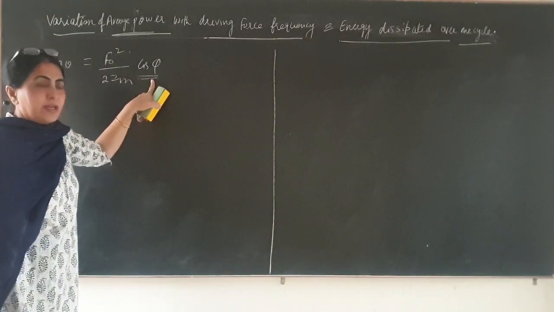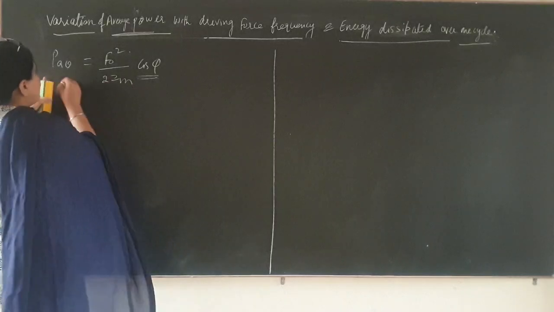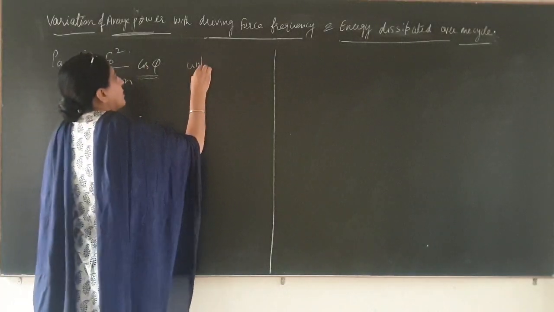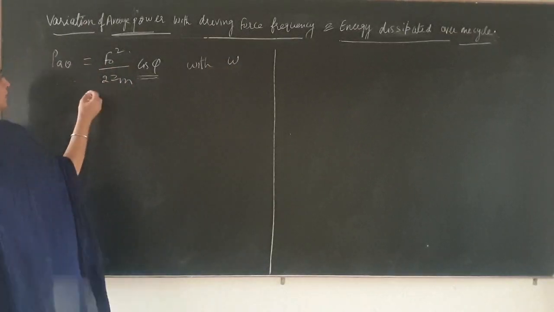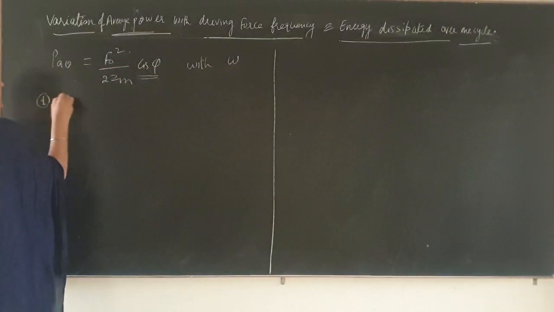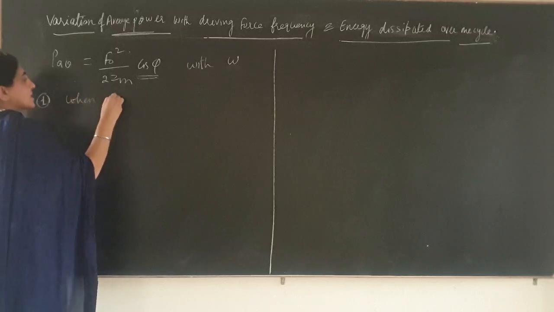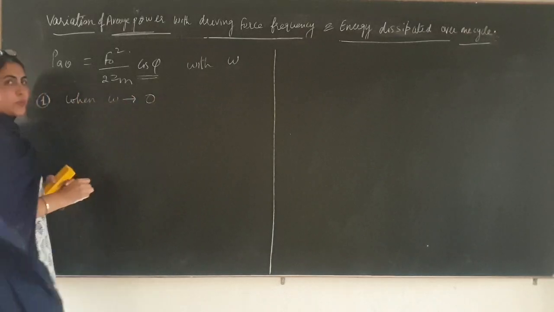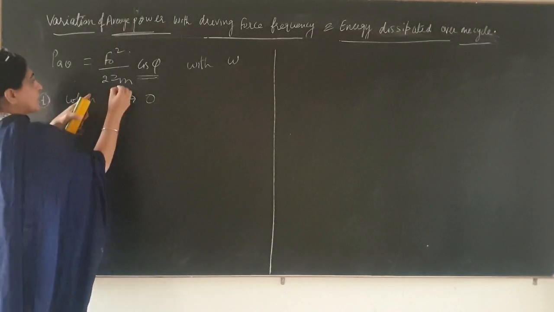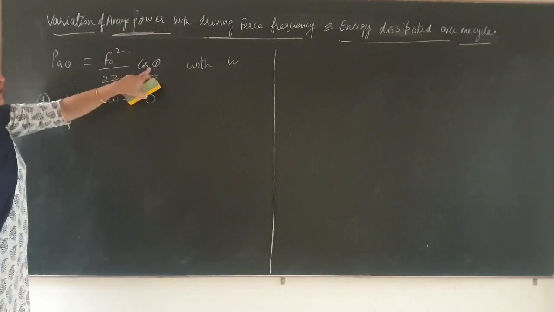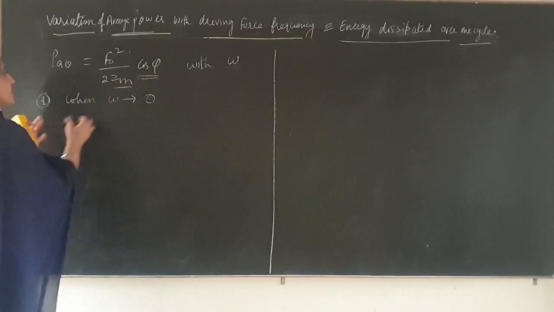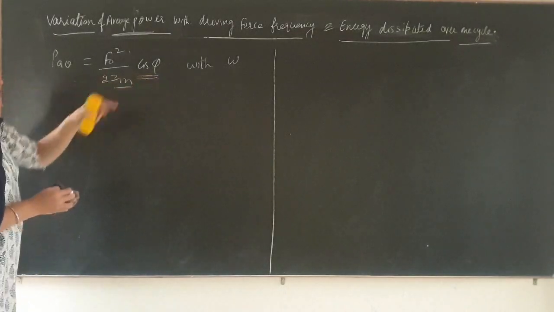So now we want to vary this with omega. Same process: the first case is when omega approaches 0. Now we have to find out the value of Zm, and Zm is also in cos phi. First we will find out the value of cos phi.